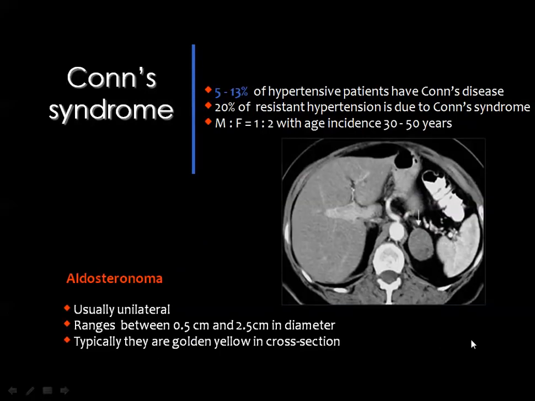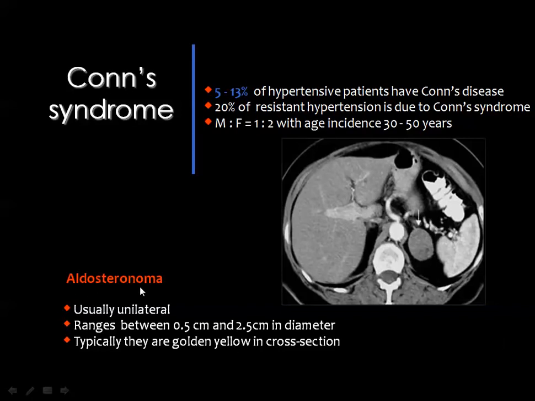Then if you see a mass in the suprarenal gland like this one, and you know from the history and the clinical data that the patient is hypertensive and he has also hypokalemia, then you think of Conn syndrome, which the adrenal adenoma is responsible for in about 70% of the cases.